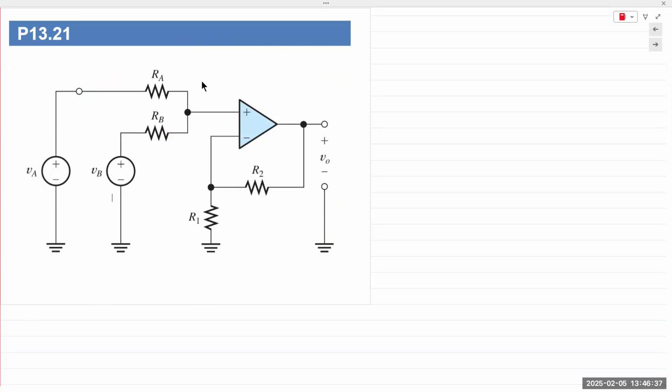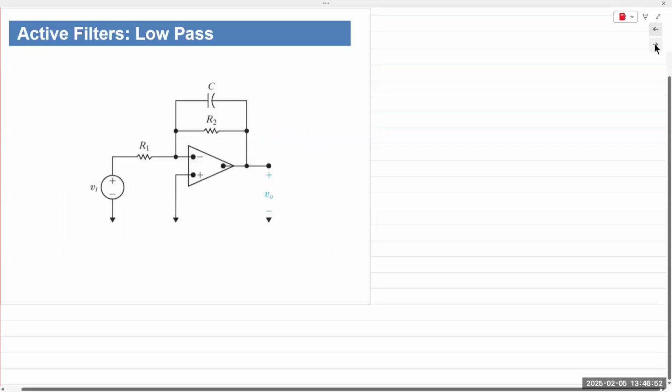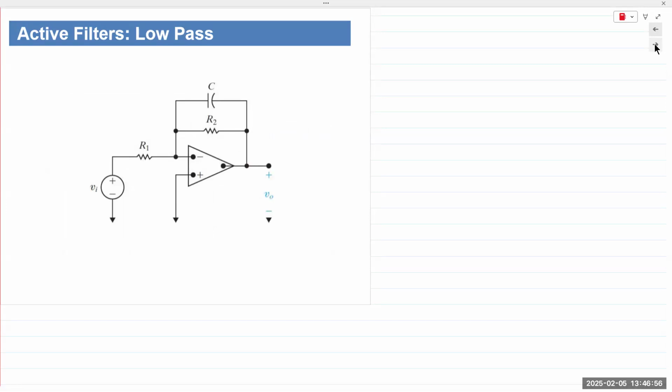I skipped over this one for the previous section, so I'm going to do the same. We'll cover this on Friday. And what we went into was an active low pass filter. If we think back to 201, how many of you remember filter circuits?